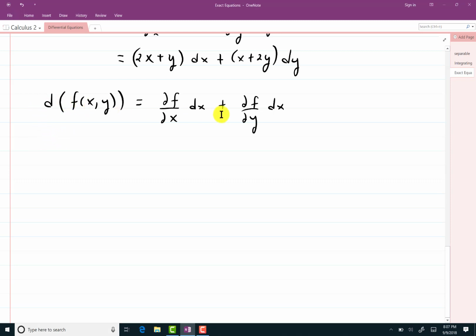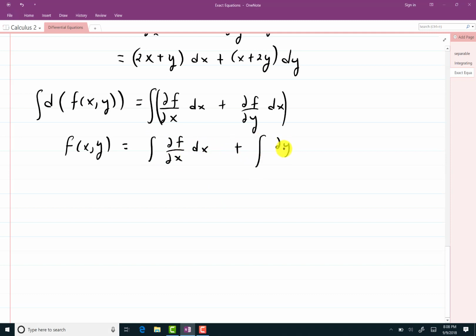I'm going to integrate both sides of this equation. As before, the integral and the d cancel out, and we get f of xy. Now over here, I'm going to break this up into two integrals. The integral of the partial of f with respect to x dx plus the integral of the partial of f with respect to y dy.